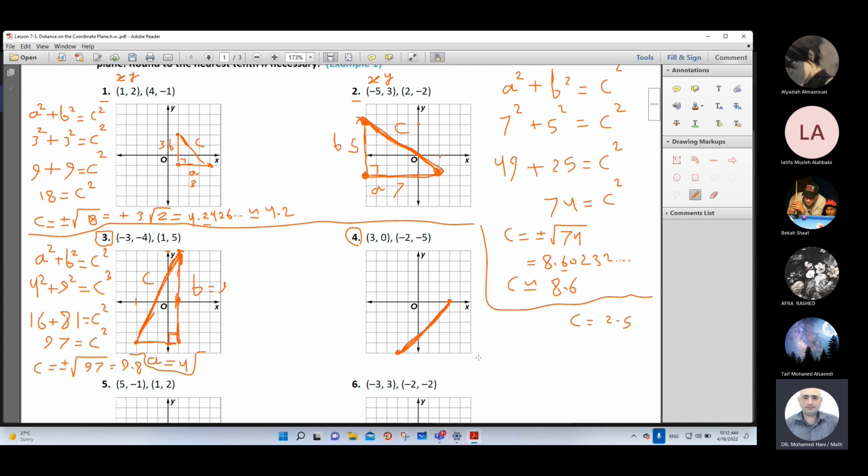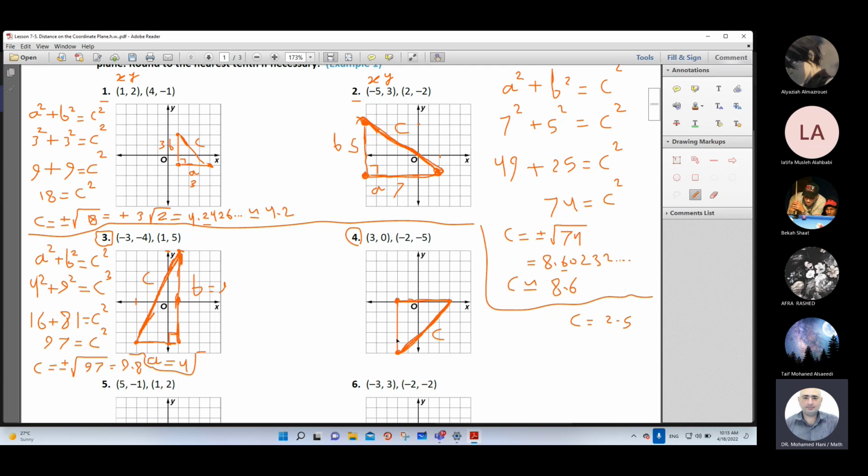What is the third point to create a right triangle? The third point will be here. This is C, this is the missing value here.